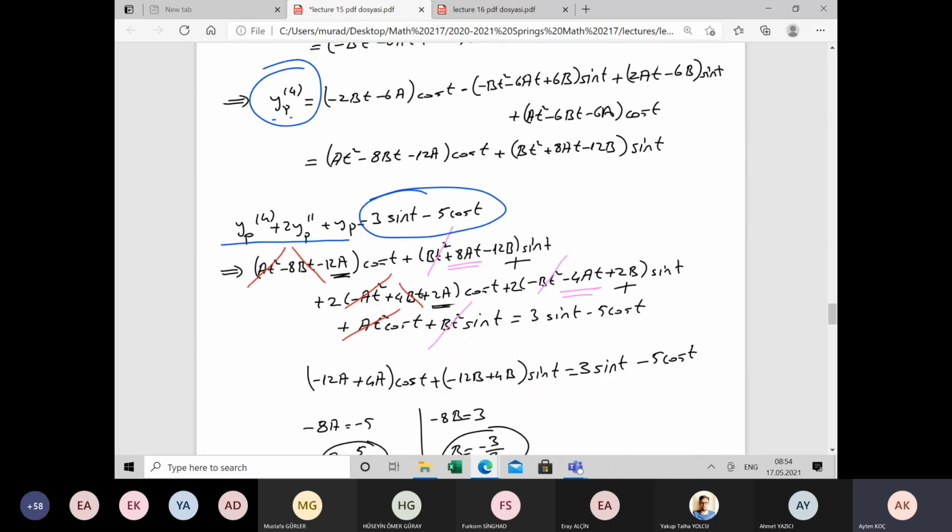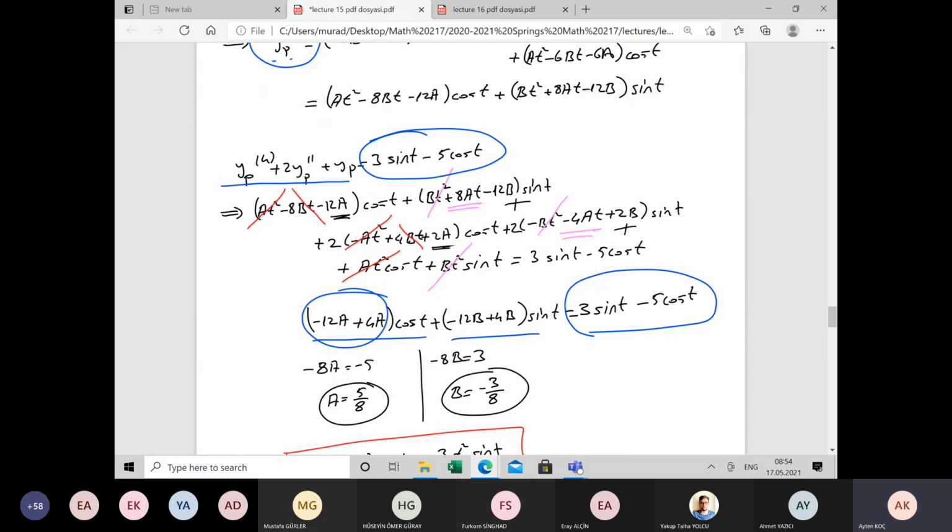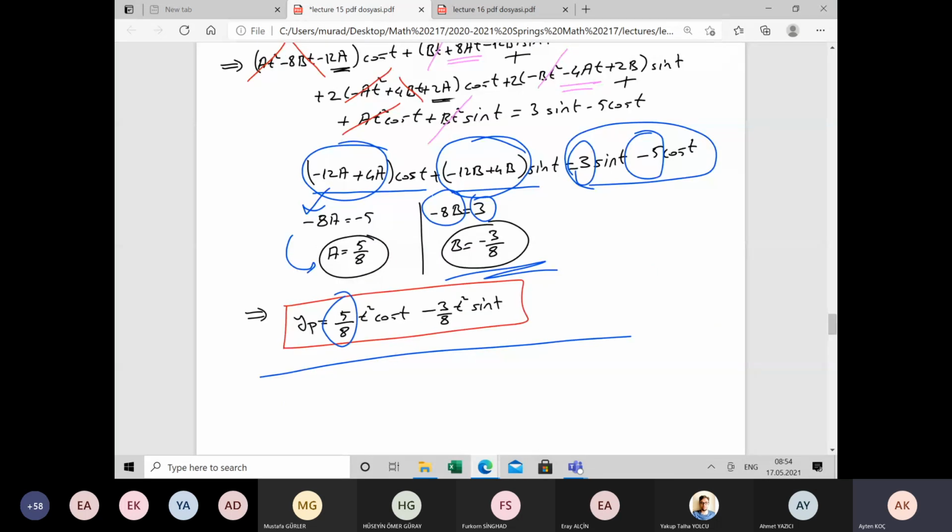So after some computation, on the left side, the cosine t and sine t terms should match. So compare the coefficient of cosine, which should be -5, and this one is -8a minus 5, and we obtain the value of a. The coefficient of sine t should be 3. It's okay. So we obtain the value of b, and our particular solution is this one: A times this, and B times t squared sine t.